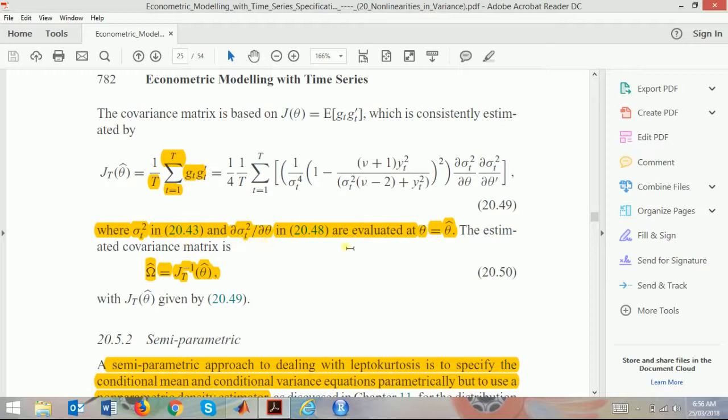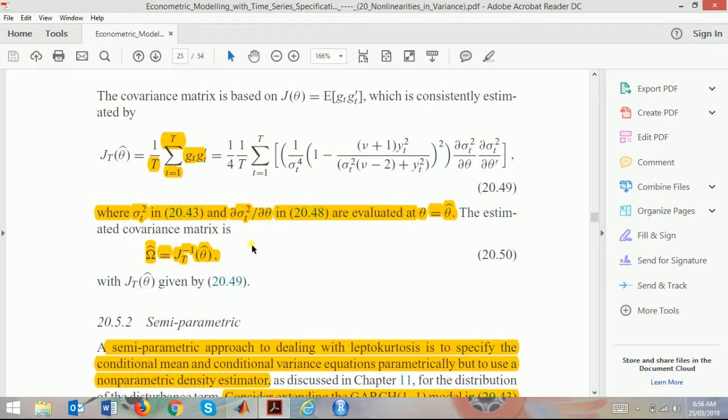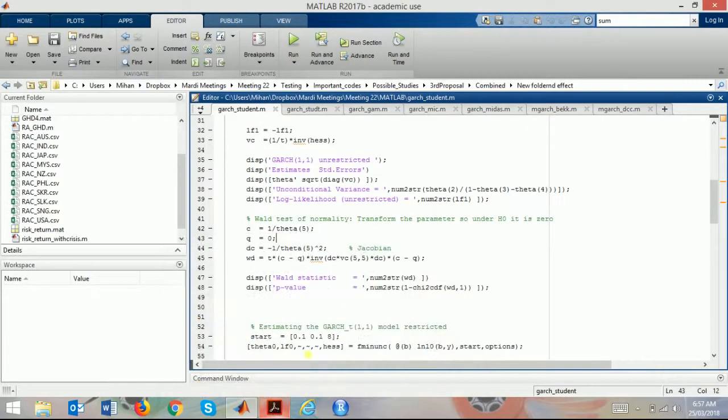The estimated covariance is, if it's tau, the outer product gradient. Alright, just remember it. So this is how we do the Wald test, and this is the same thing, C minus Q, inverse of DC, VC and DC. It's a bit different representation. The equation remains the same, but C and DC and Q are different in different chapters, that's all.